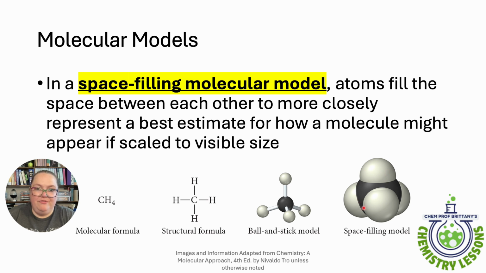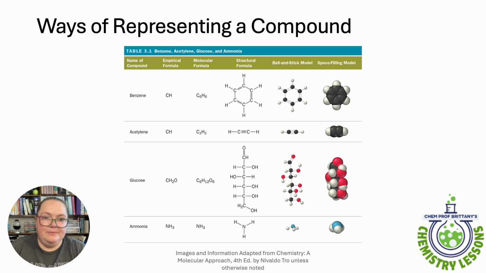So you can see I don't have the full circle visible because we have this overlap where we have shared electrons. So this is the closest thing to what we would actually see if we could see a molecule on molecular scale. So those are the 4 different types of representations.